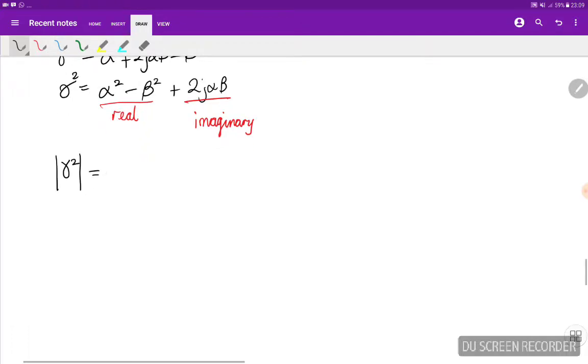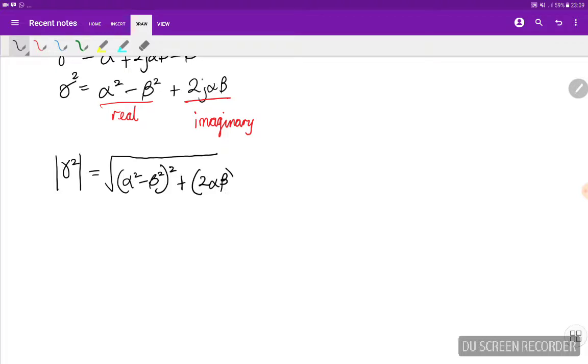That's going to be the square root of (α² − β²)² plus (2αβ)². You're picking the real side and the imaginary side and finding the magnitude of it.